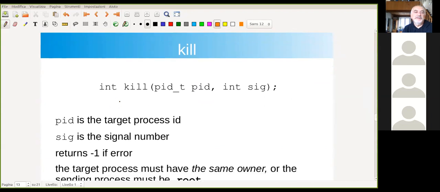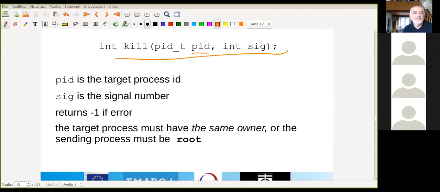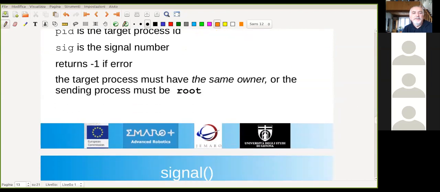To raise a signal, use this, we have already seen. pid_t is the predefined type that is an integer. This is an integer, yes, the predefined type, not for the signal, but for the process ID. We already encountered in wait and in fork and so on.